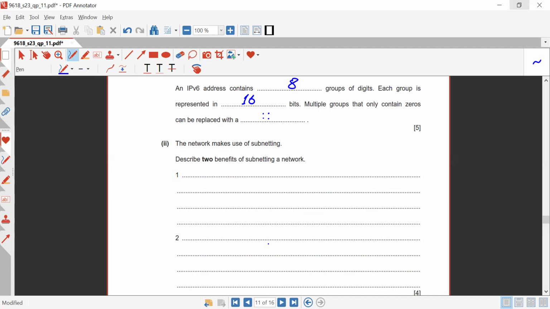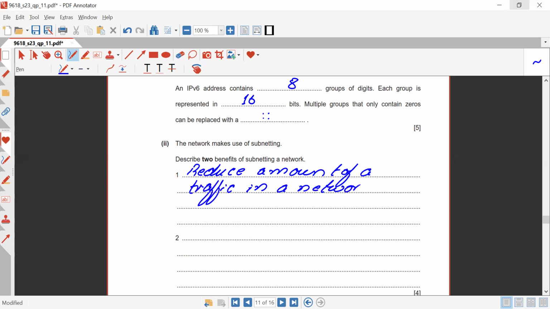So number one, you could write it down: reduce the amount of traffic in a network.